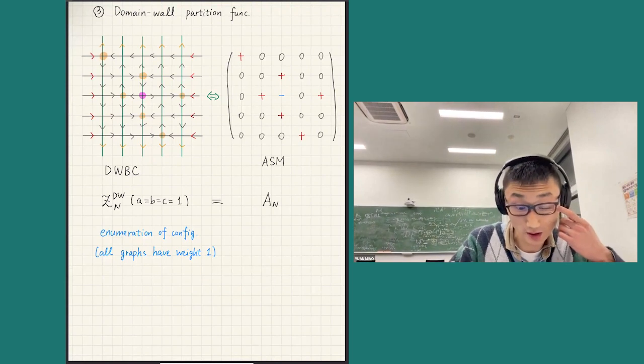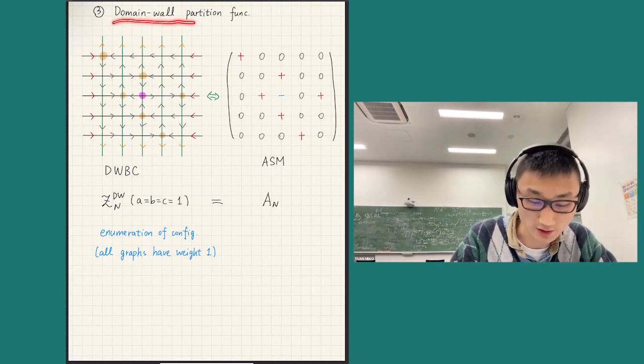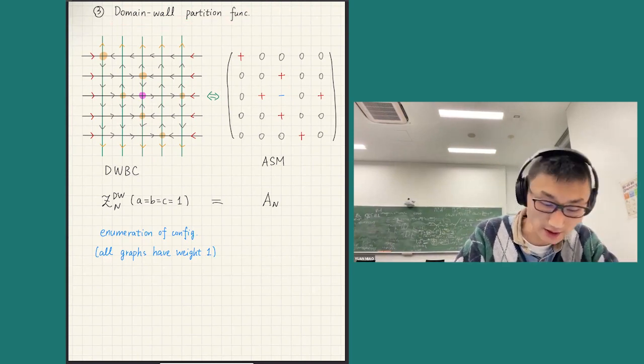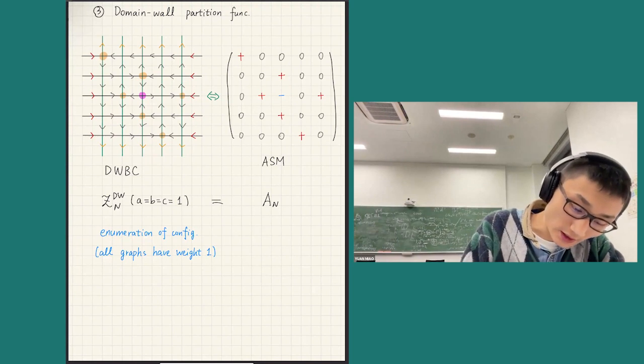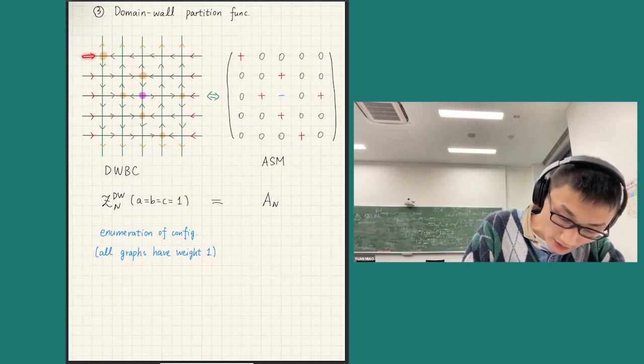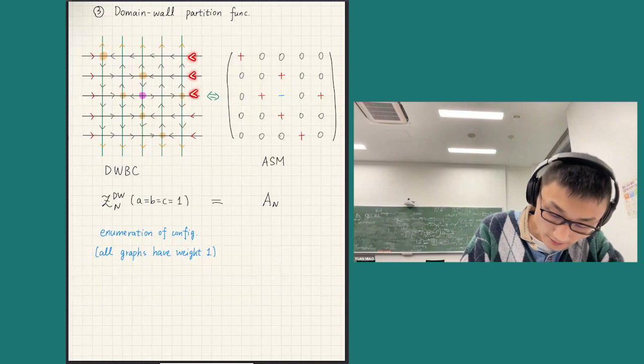But in this talk, I want to focus on a very specific boundary condition called the domain wall boundary condition. A domain wall boundary condition in this context means that for this horizontal line at the boundary, all the arrows are going in. So on this boundary all arrows are going in, and also on the right boundary.